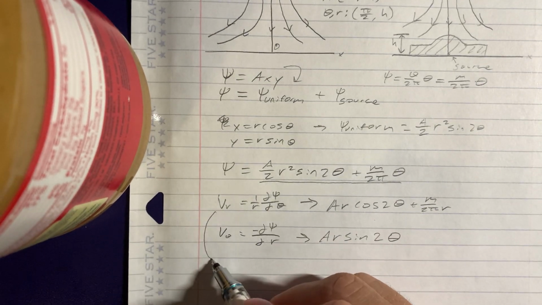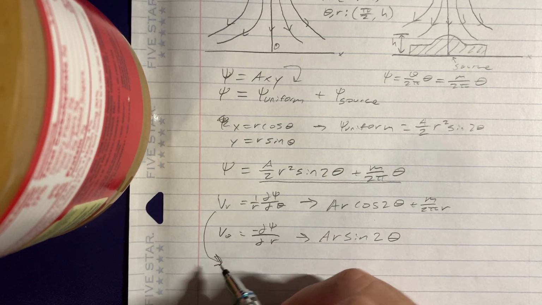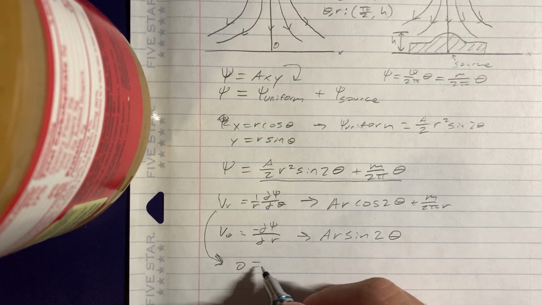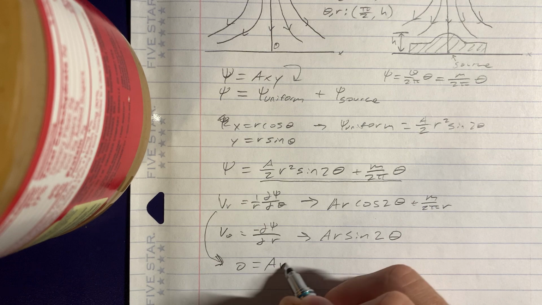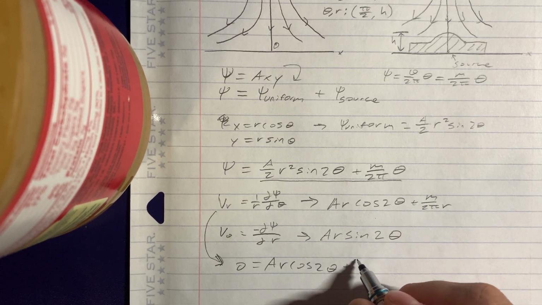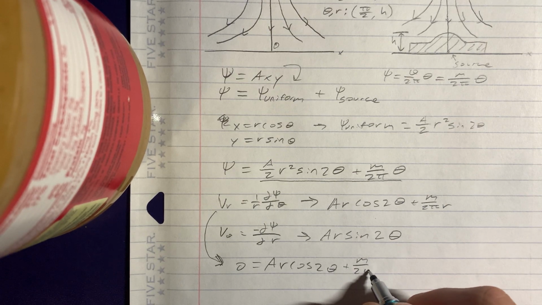Now we want to solve for v r. Setting that equal to 0, we have 0 equals A r cosine of 2 theta plus M over 2 pi r.